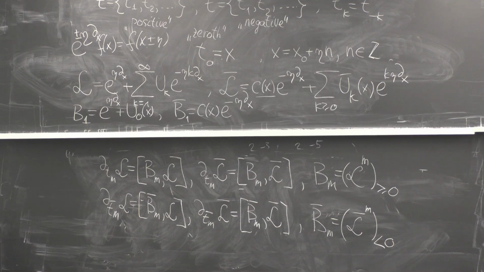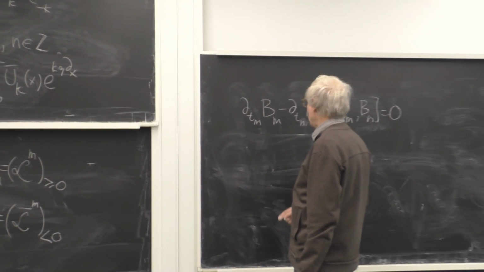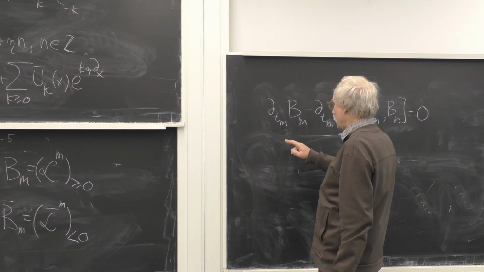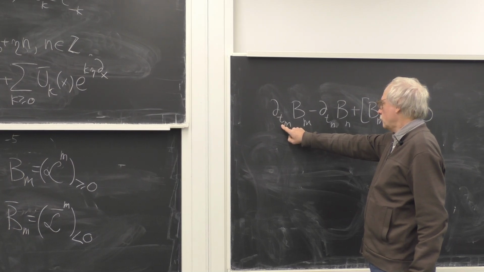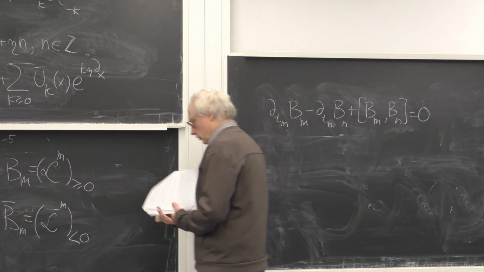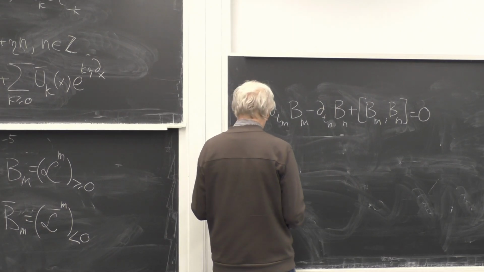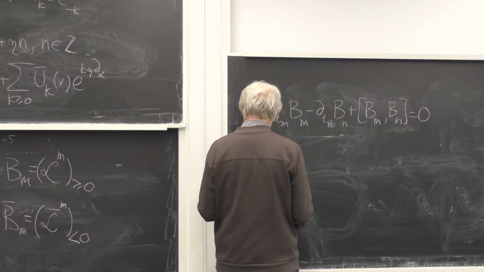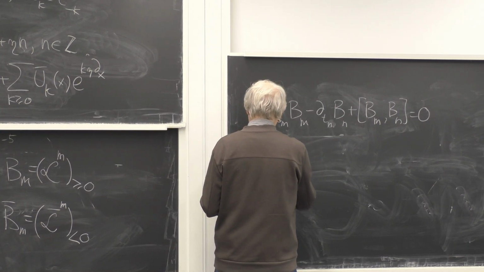And there are two other equations for t bars and a mixed equation, when one of these times is positive and another is negative. I will not write them explicitly.